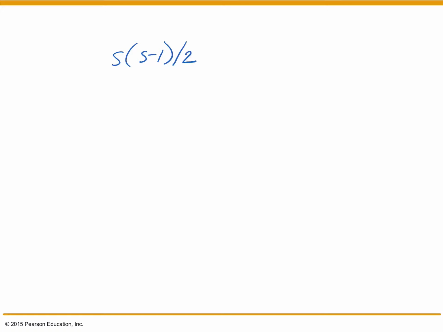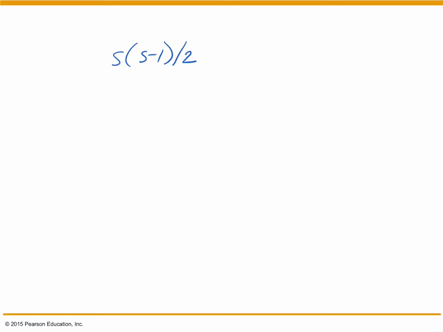Okay, so again, s is going to be our species richness, all right? So we would take our species richness, multiply that by the species richness minus 1, and divide that by 2. And that gives us the maximum number of links.